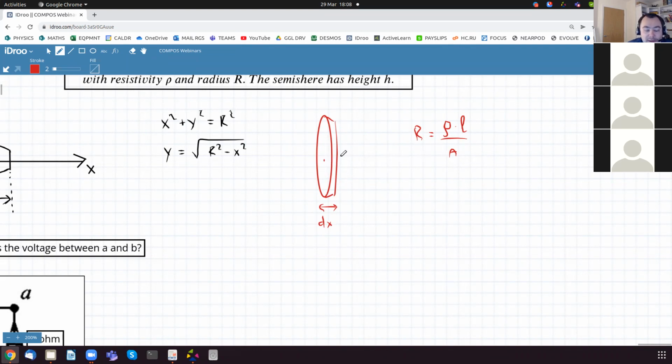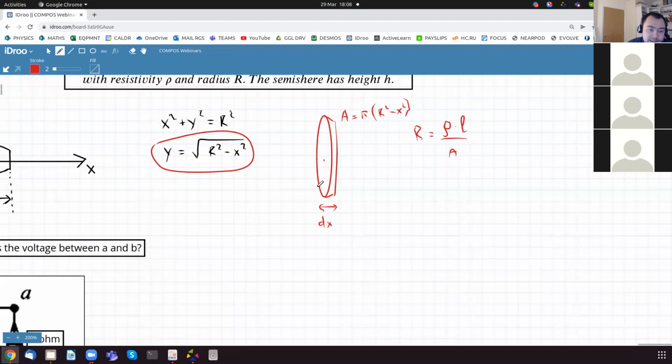The area is pi r squared, and r, we know it's this. So this is the radius of the slab. So the cross-sectional area is going to be pi multiplied by r squared minus x squared. So as you can see, the area of the slab depends on where we are along the very weirdly shaped wire.